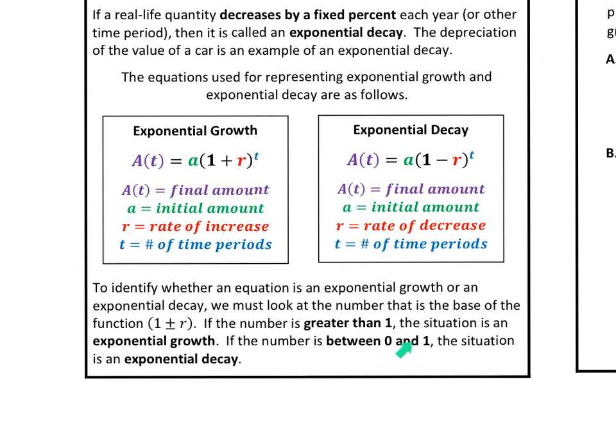And what are some values that you can think of that are between 0 and 1? What should come to mind is either fractions or decimals, right? 0.5, 0.25, 0.1. Any decimal is basically between 0 and 1, right? 0.99.